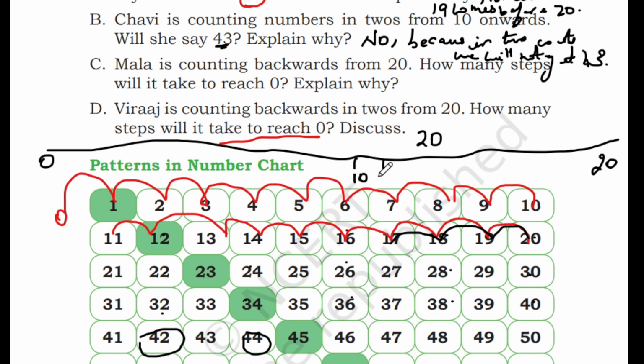So you write all the numbers like 11, 12, 13, 14, and make jumps one by one. So it will be easy for you to understand and count the number of jumps also. It will be very easy while counting. I had this chart, so I explained this in the chart.